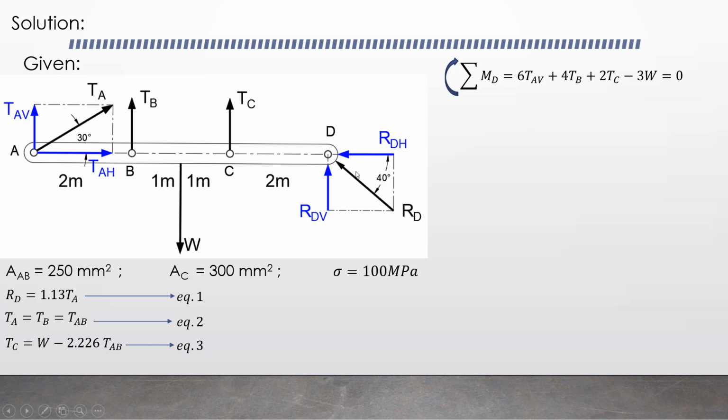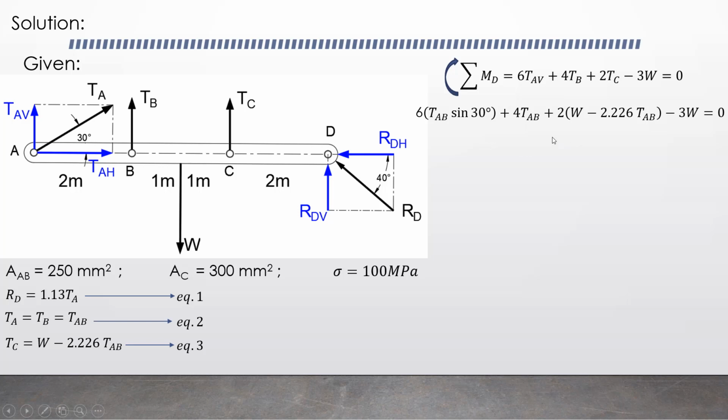Okay guys, now that we have formulated the moment equation, we're going to simplify it using the values we already solved before. We already have 3 equations here, and we just substitute the values into our moment equation.